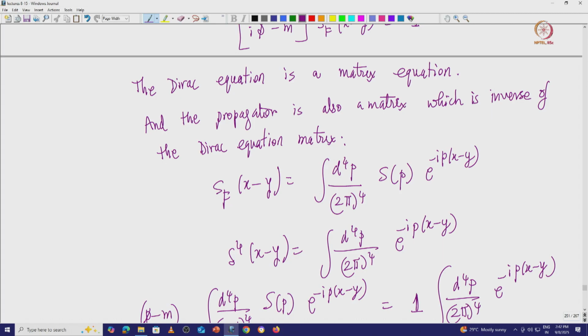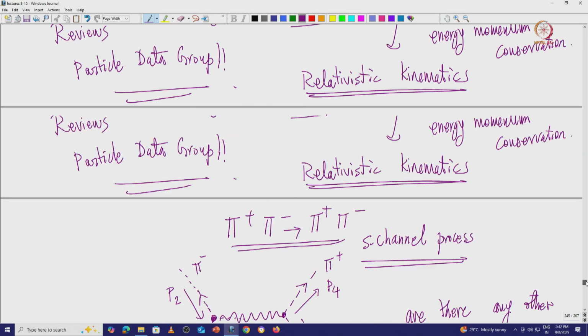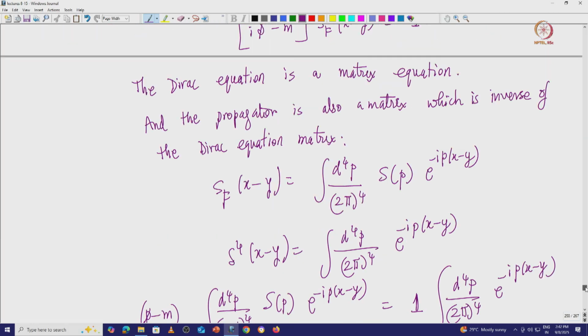So, like I said, quantum electrodynamics is a theory of one electron and one photon.